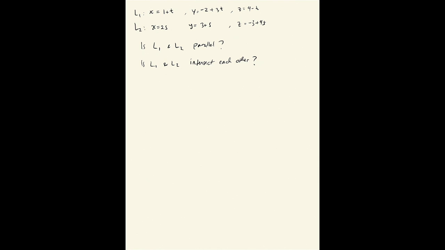Or are L1 and L2 skew lines? So line 1 uses T as a parameter and L2 uses S as a parameter to differentiate between those two.